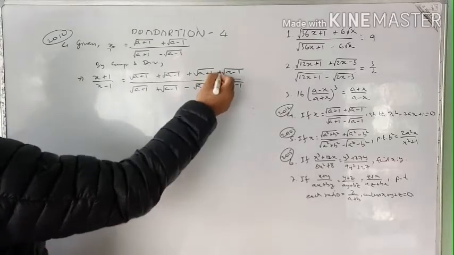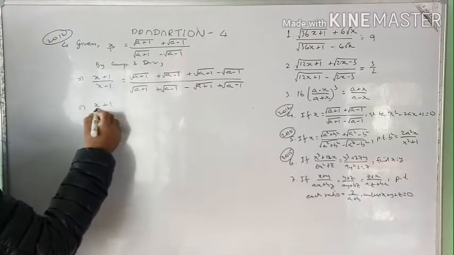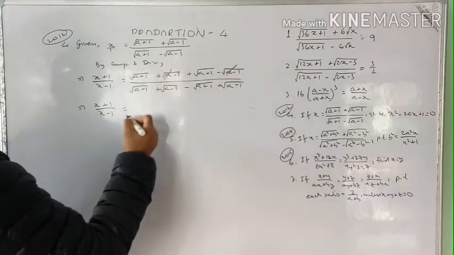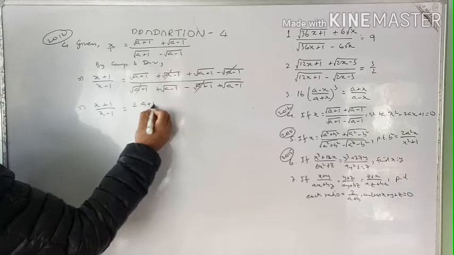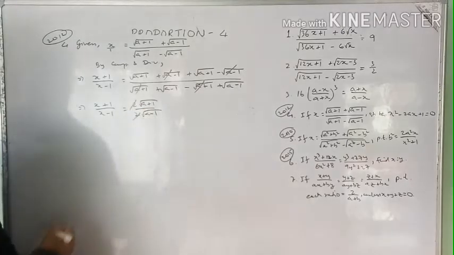Remember, this sign will be opposite. So x plus 1, x minus 1, as it is you write. Here plus minus cancelled, here minus plus cancelled. So you get twice root over a plus 1 and twice root over a minus 1. These two also get cancelled.